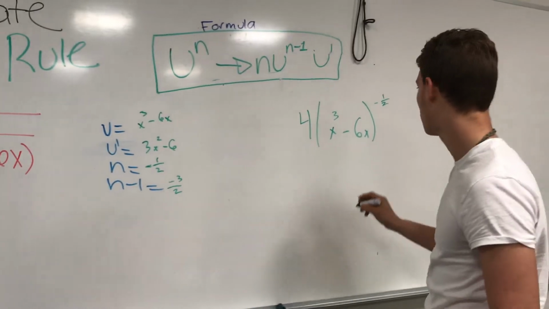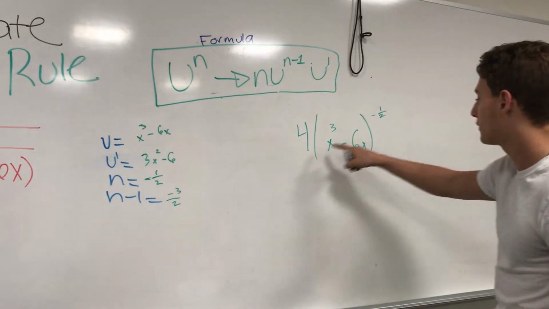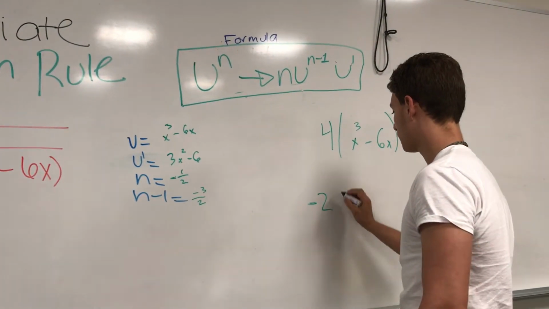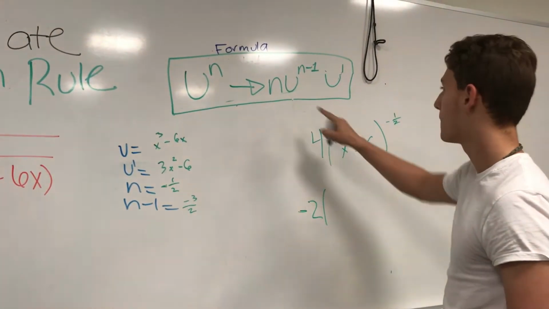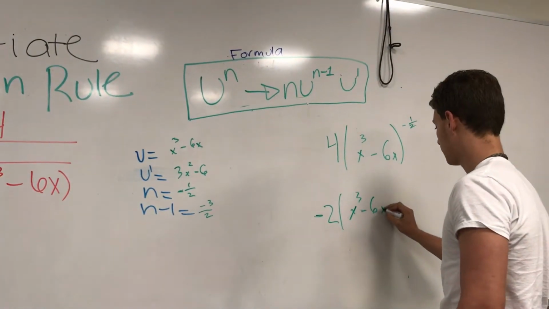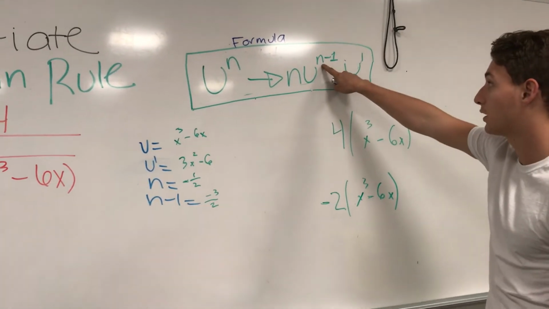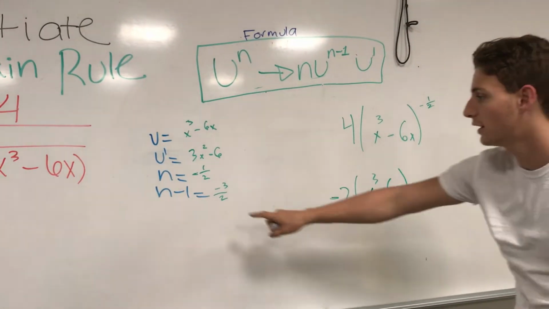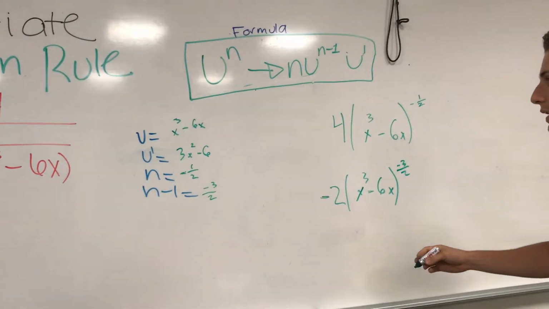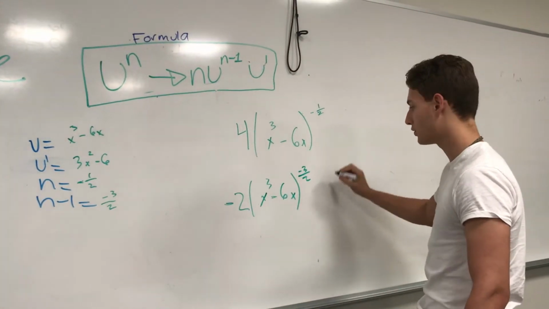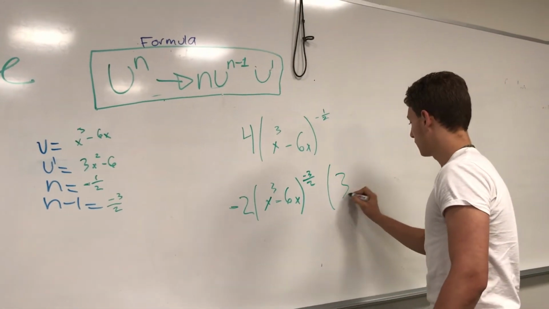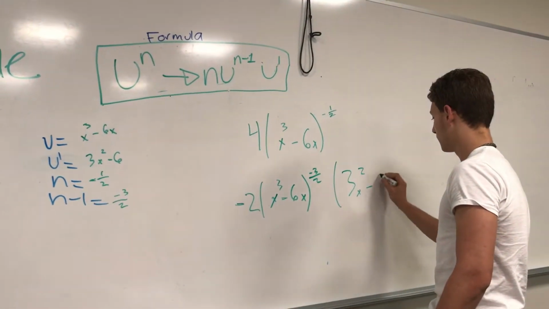So when you bring that all together, it'll be minus 4 times minus 1/2, which will be minus 2, parenthesis u, which is x cubed minus 6x, to the exponent of n minus 1, which is minus 3 out of 2, times prime of u, which is, we already got it, 3x squared minus 6.